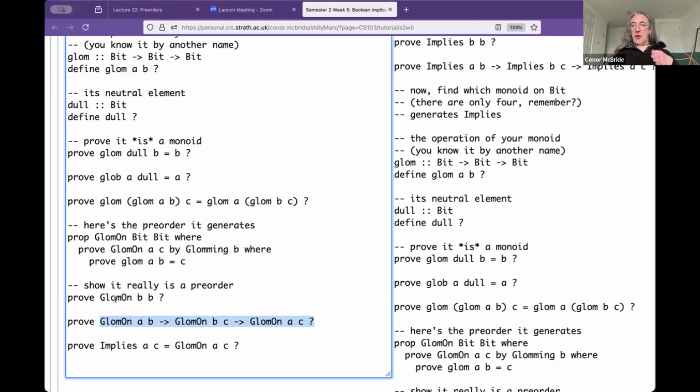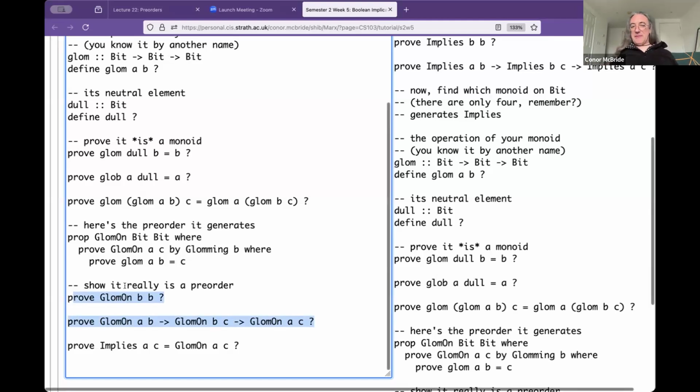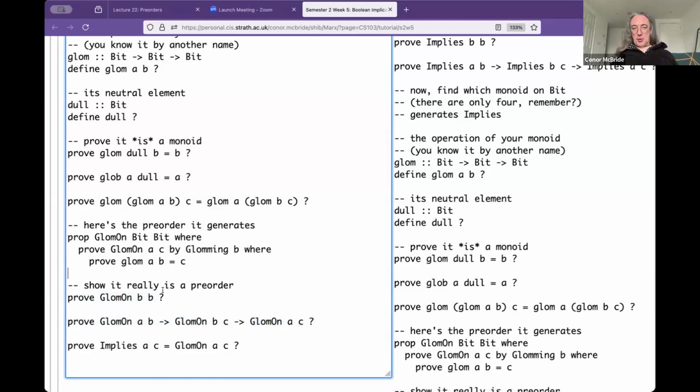So you know, for example, that good old less than or equals isn't just a preorder, it's an order, because if x is less than or equal to y and y is less than or equal to x, that's only possible if x is y. So it's called a preorder because these are partial requirements for being an order, and you still get a lot out of even just having this stuff. But that's what the pre is doing in the word preorder.